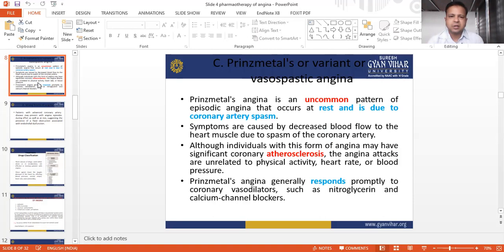The angina attacks are unrelated to physical activity, heart rate, or blood pressure. Prinzmetal's angina generally responds promptly to coronary vasodilators such as nitroglycerin and calcium channel blockers.